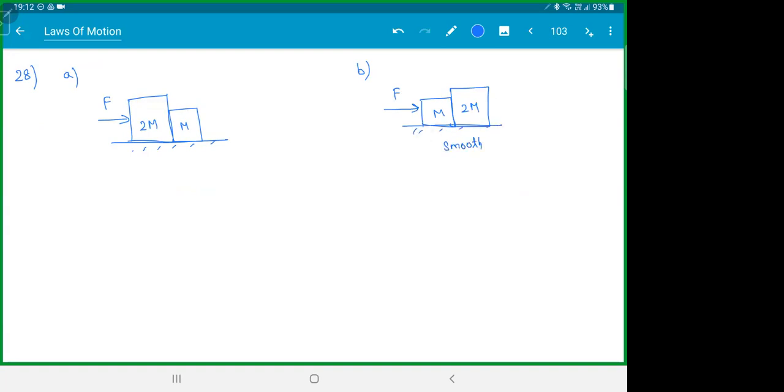Find the acceleration and the normal reaction between the blocks. Let's get this.